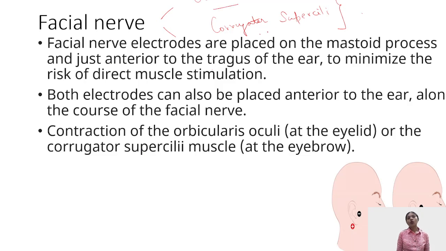Eventually, what you all have to remember in this facial nerve is that first, orbicularis oculi was being used, and in many texts and books you can still find that orbicularis oculi has been shown as the muscle of choice when we are talking about the intubation phase. But please remember, the guidelines have changed now, and ulnar nerve has replaced this nerve.